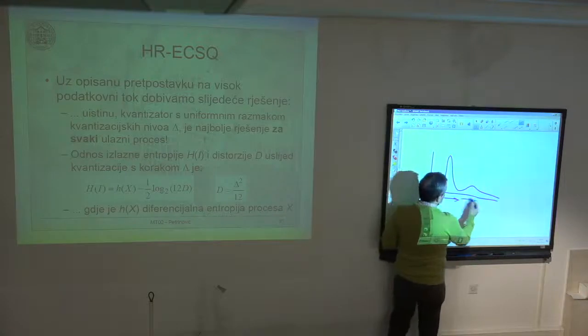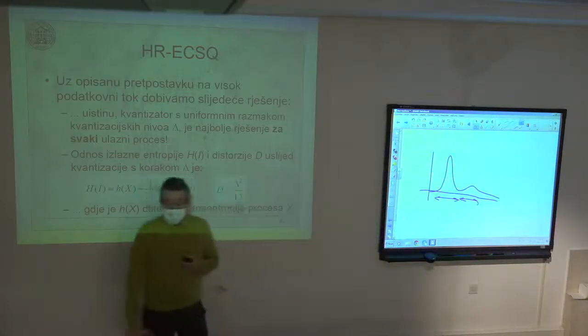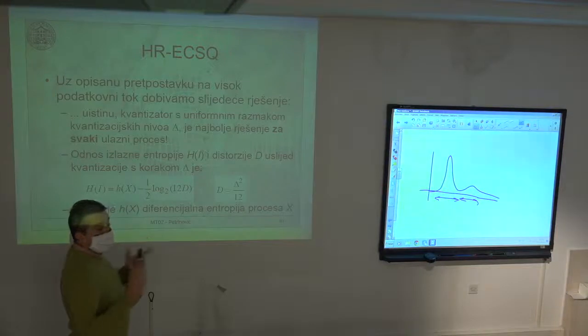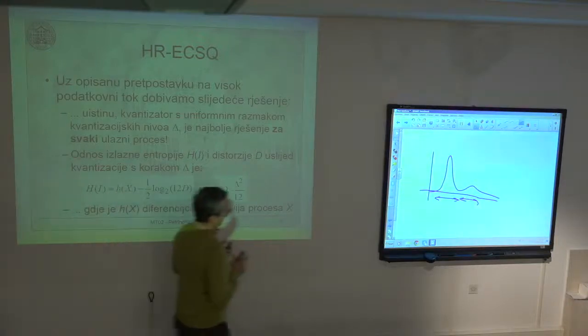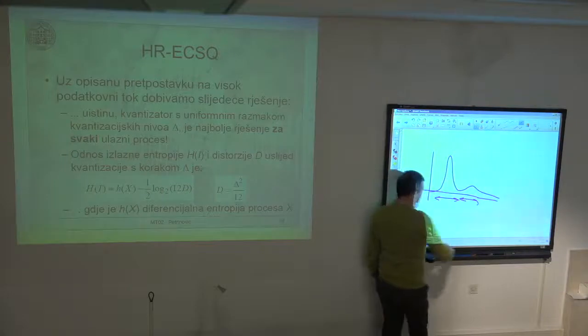This range of values is also observed, but with lower probability. And if I want to achieve small distortion, and I have a given number of quantization levels, for example only 8, the question is, where should I put these quantization levels to achieve the least possible distortion?